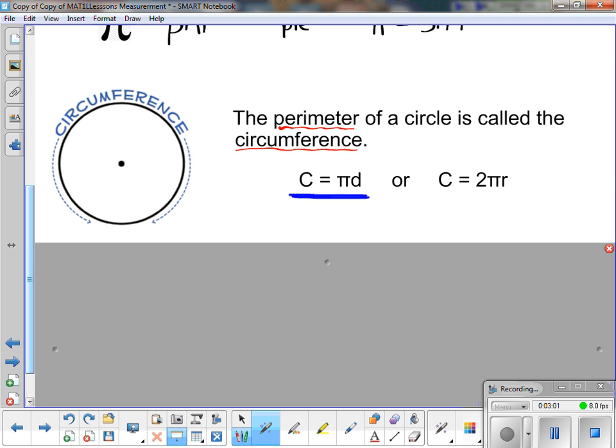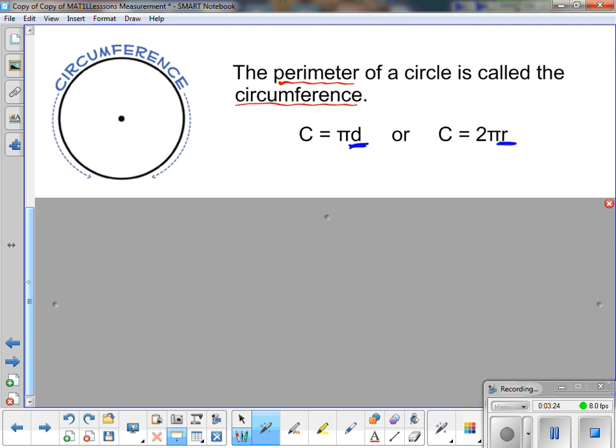One says circumference equals pi, 3.14, times d, or we could use circumference equals 2 pi times the radius. So depending on what the question gives us, whether it's diameter or radius, we can choose either formula.